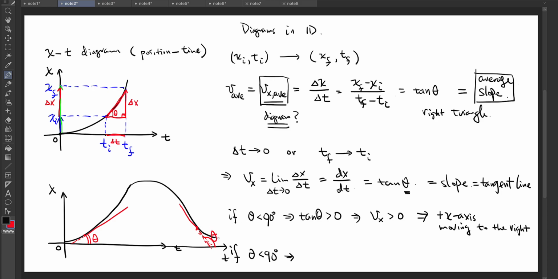Okay, so that theta angle will be greater than 90 degrees. So in this case, the tangent theta will be negative, which will mean Vx is negative, or the object is moving along the negative x-axis. Or you can say the object is moving to the left.